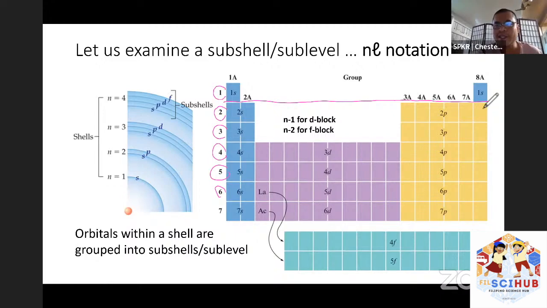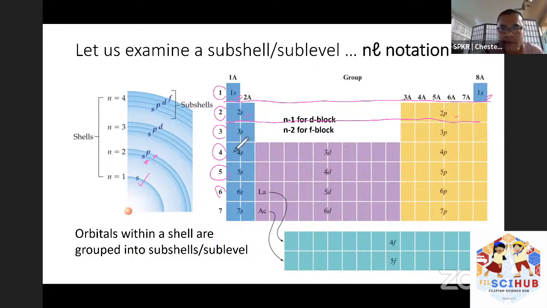Anong letters ang nakikita nyo? S lang, di ba? I only have S here and S here. So essentially, that's just S. Now, n equals 2. What letters do you see? It encompasses the S block and the P block, right?